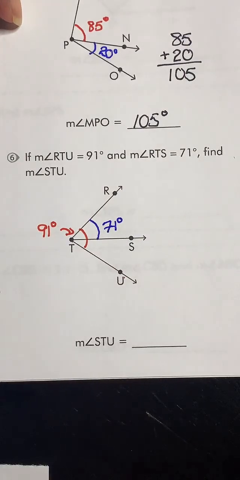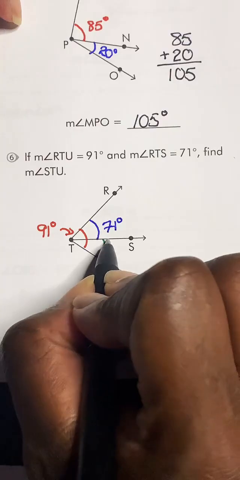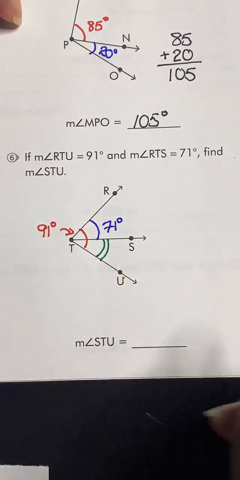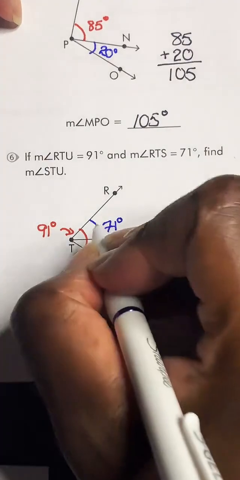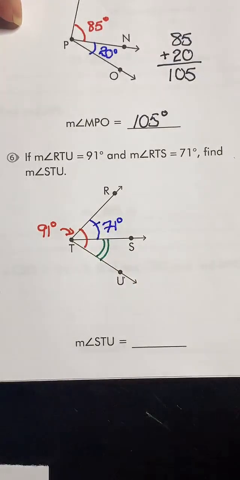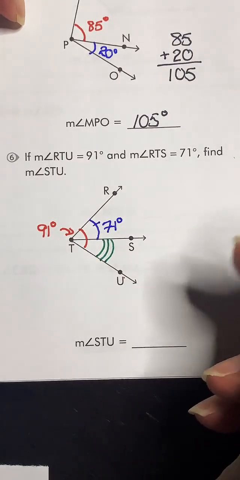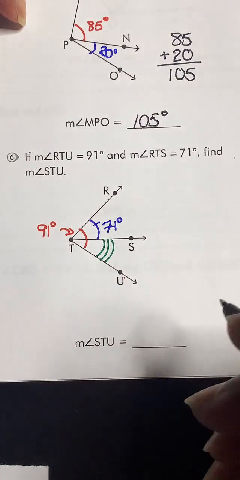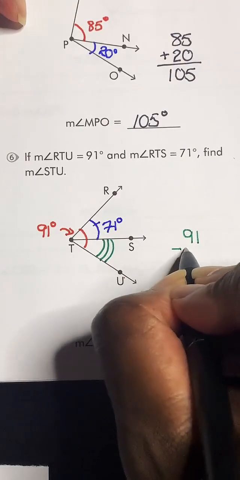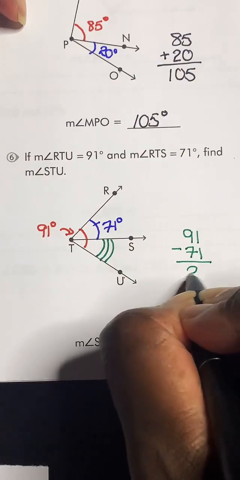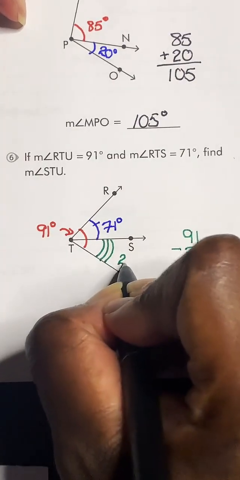So what's the measure of STU? There you go. Good. Nice one. Yep, because it was 91 minus 71 gives you what's left over, which is 20 degrees.